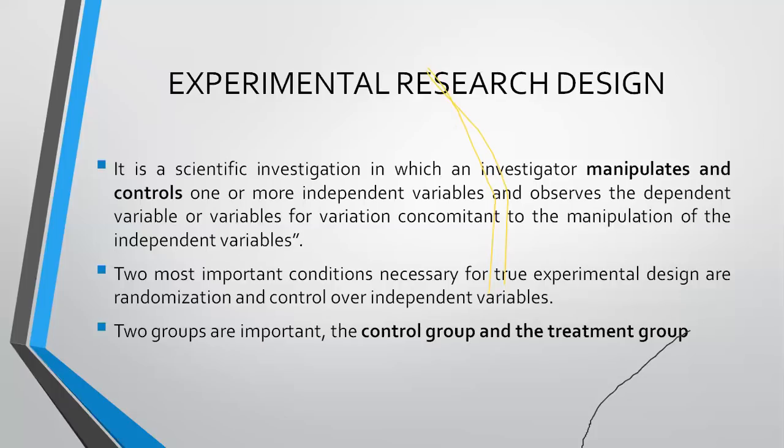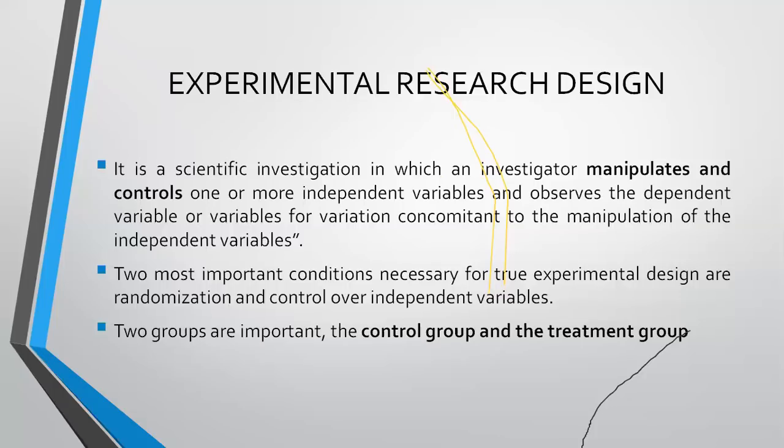There are 2 most important conditions necessary for a true experimental design, and they are randomization and control over independent variables. Before you select your research participants, especially in experimental work, you have to select them randomly. You remember in first semester, we discussed population and samples.